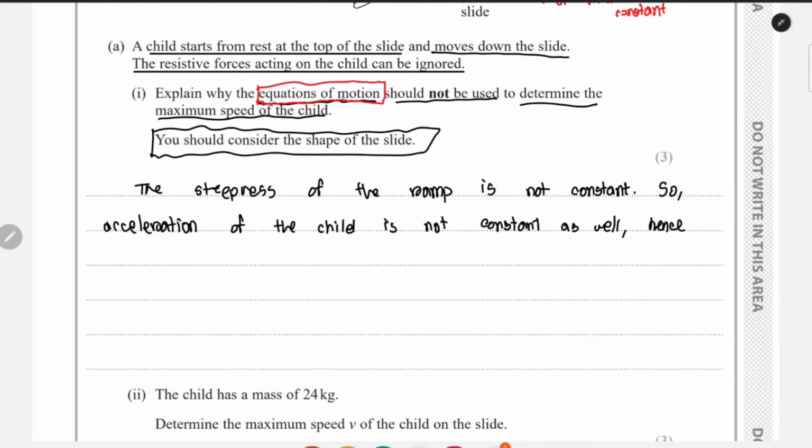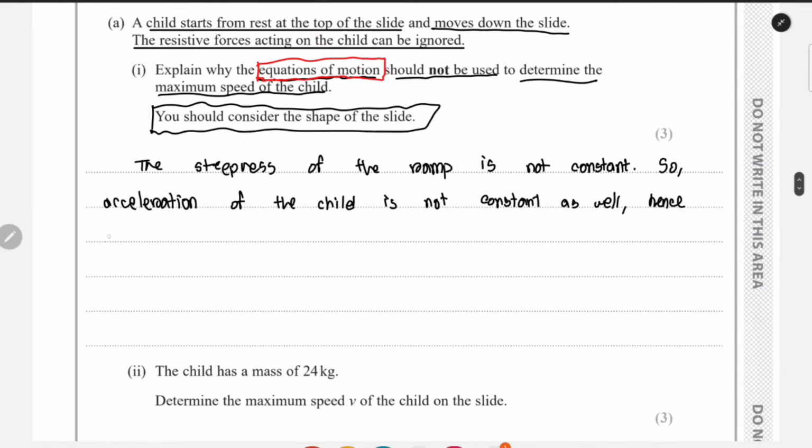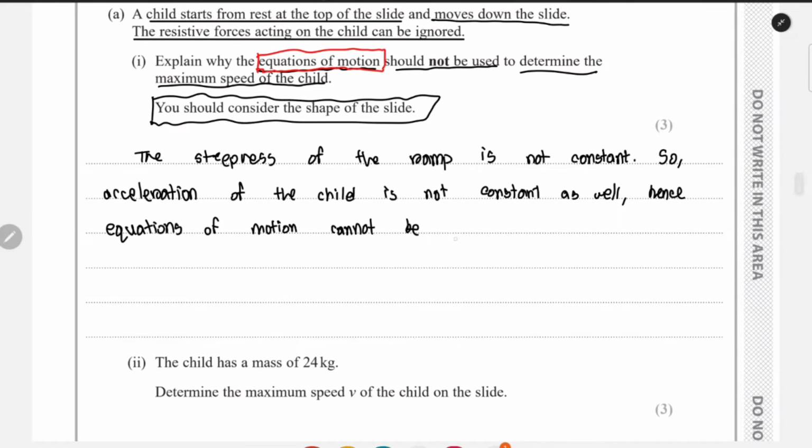Hence, equations of motion cannot be used, as they require a constant acceleration.